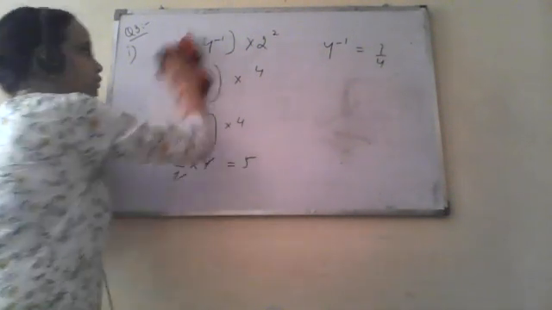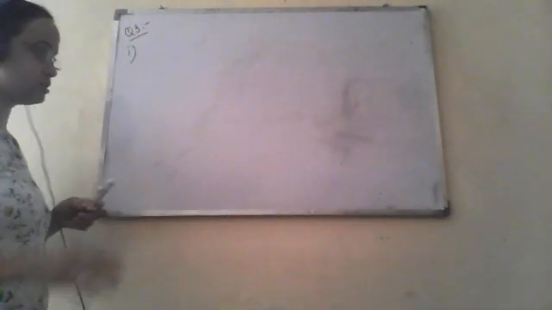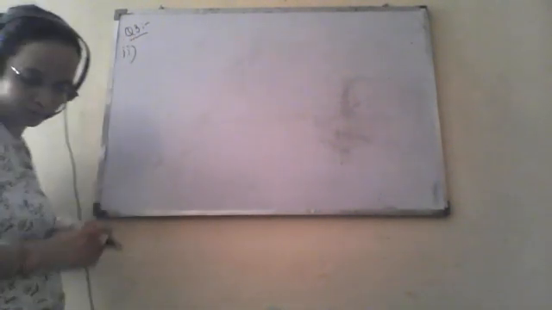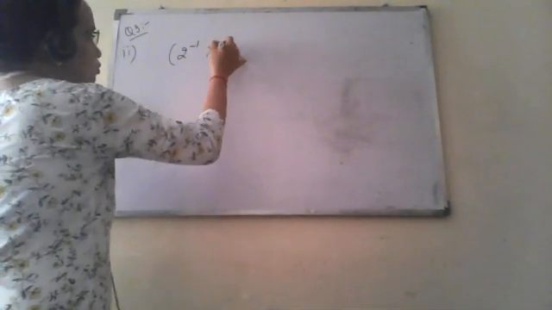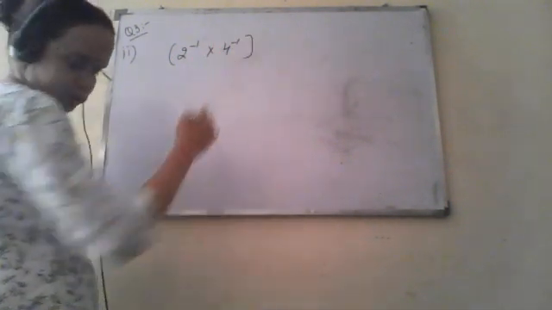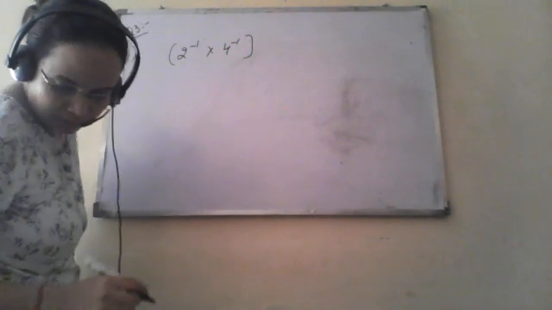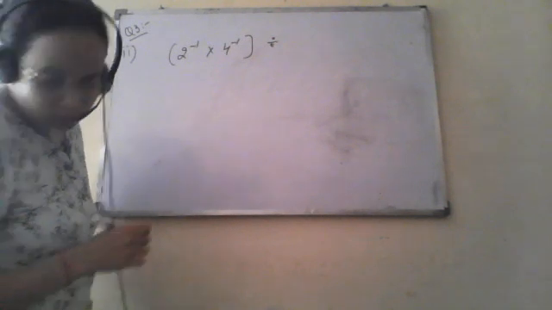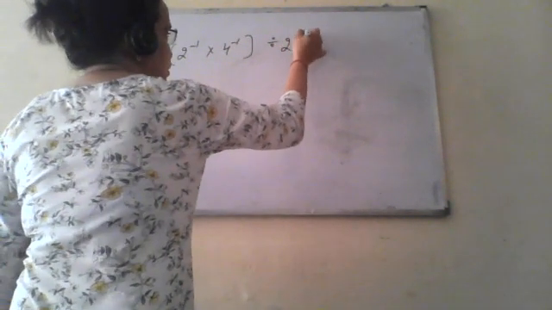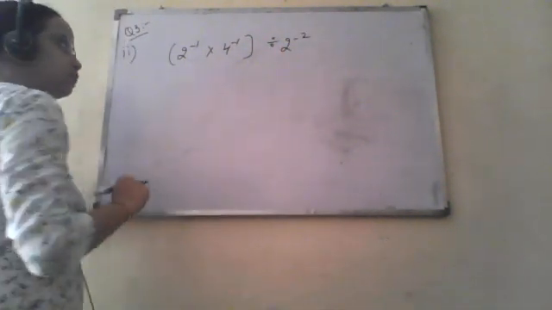Now the second part. The second part is 2 to the power minus 1 into 4 to the power minus 1 divided by 2 to the power minus 2. Okay.